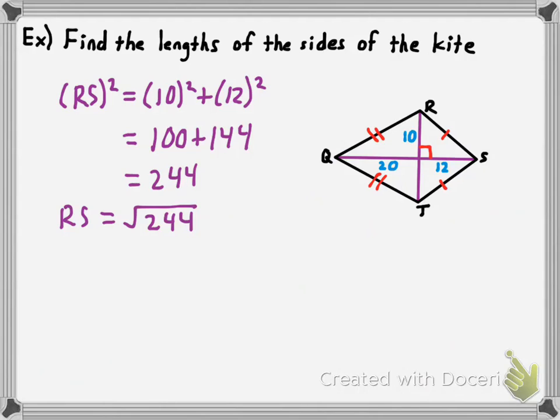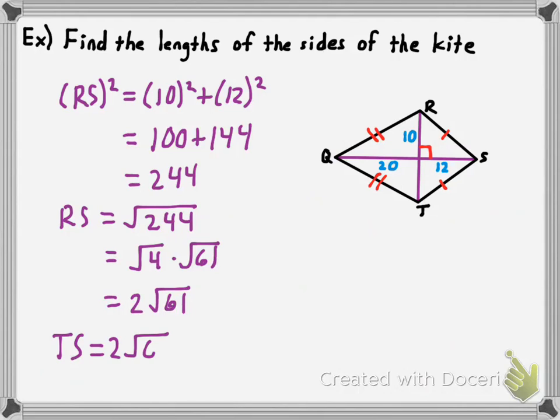Well, it turns out 4 is the only one. We can make that the square root of 4 times the square root of 61, or 2 square root of 61. Okay? Then we'll do the same thing, and let's say that TS also equals 2 square root of 61, because we want to find the length of all the sides.